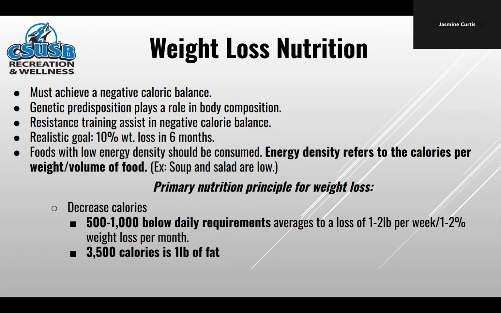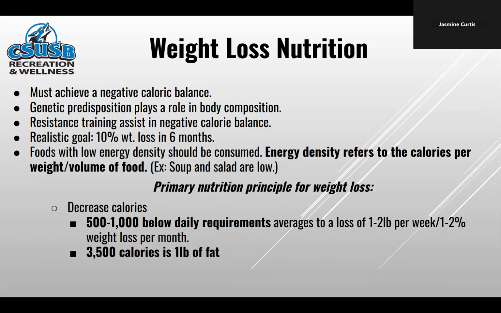A realistic goal of weight loss is about 10% weight loss in 6 months. Foods with low energy density should be consumed. This is like soups, salads. They're very filling, but they don't have a lot of calories. Energy density refers to the calories per weight or volume of the food.